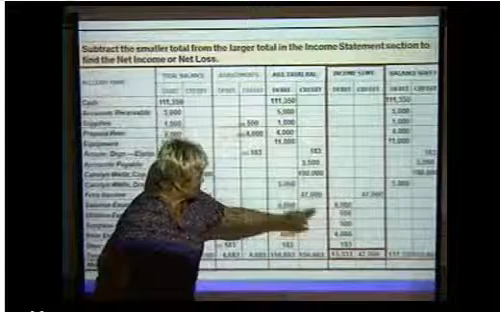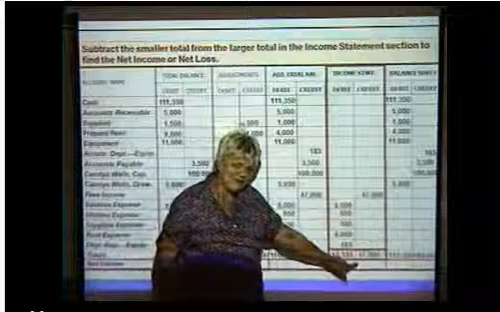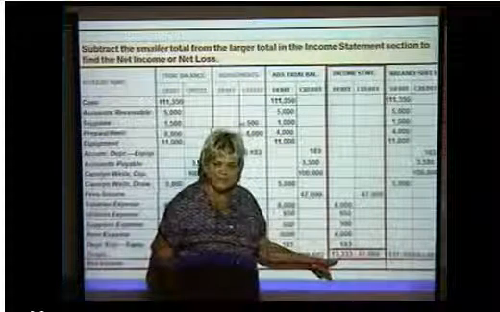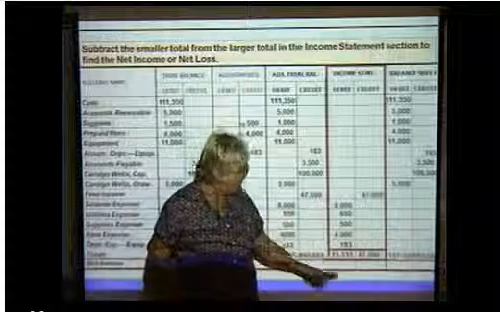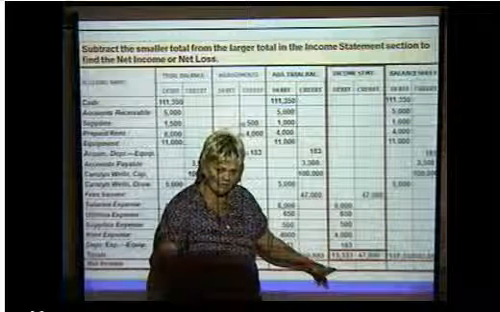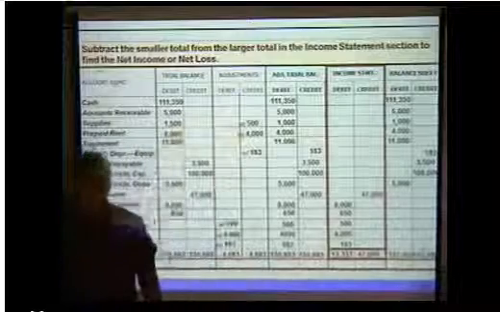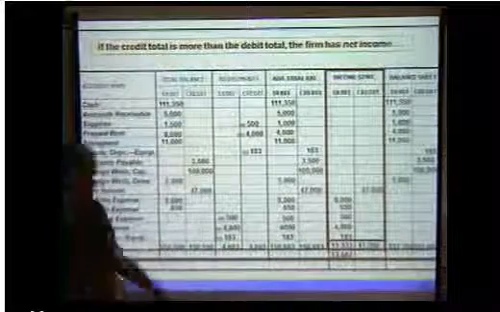Revenue minus expenses. Put whatever we get on the smaller side. That'll make those columns balance. So we come up with our net income, which is the difference between our revenue and our expenses.